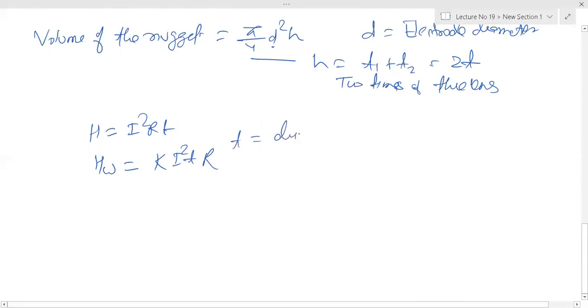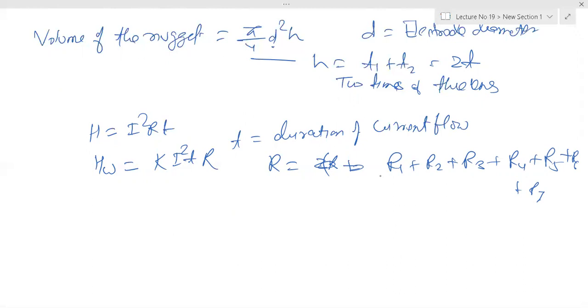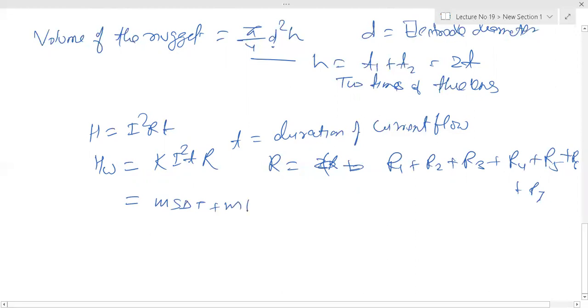Where T is the duration of current flow, and R is the total resistance, that is 2R plus the 2 workpieces. Similar things you can combine, if it is the same electrode and the same workpiece. And this will be equal to ms delta T plus ml, the melting, if there is melting.